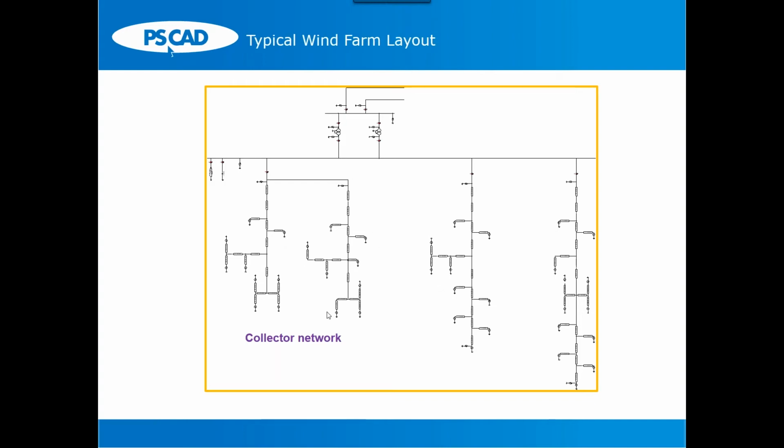The rest of the feeders, maybe you can equivalence them and represent them in an aggregated manner. So we will talk about how to represent a single feeder in detail, and we will also talk about the cable and wind turbine aggregation in today's discussion.